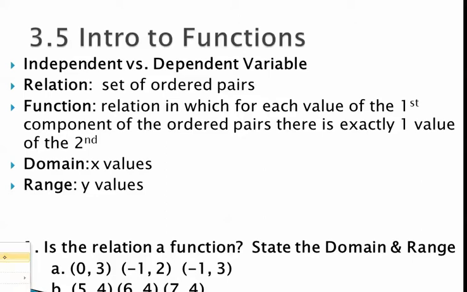The answer would be no, it's not a function, because the definition of a function states that each x value goes to one distinct y value. In other words, there's not going to be any repeats of the x values going to different numbers. So you'll see that we have repeats of -1 and they go to different values. So that tells you right there that it's not a function.